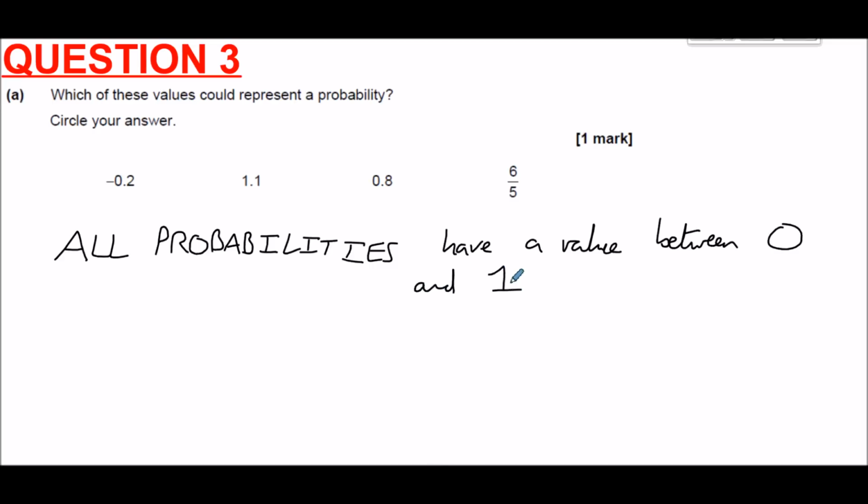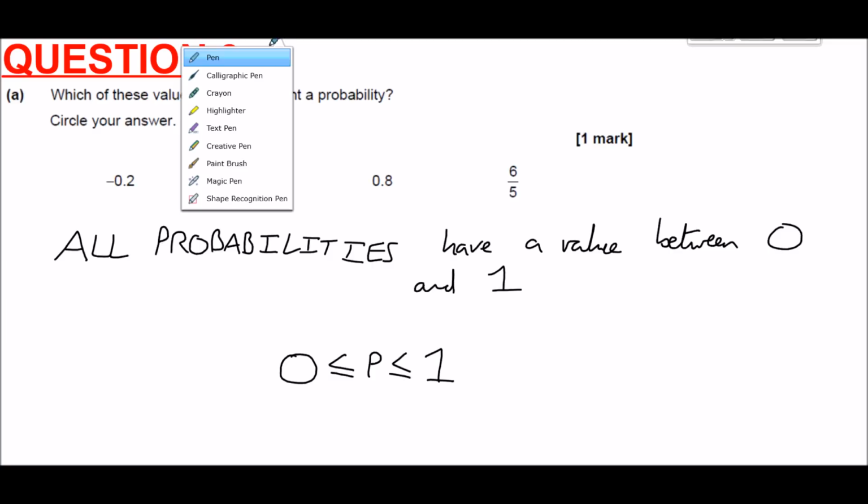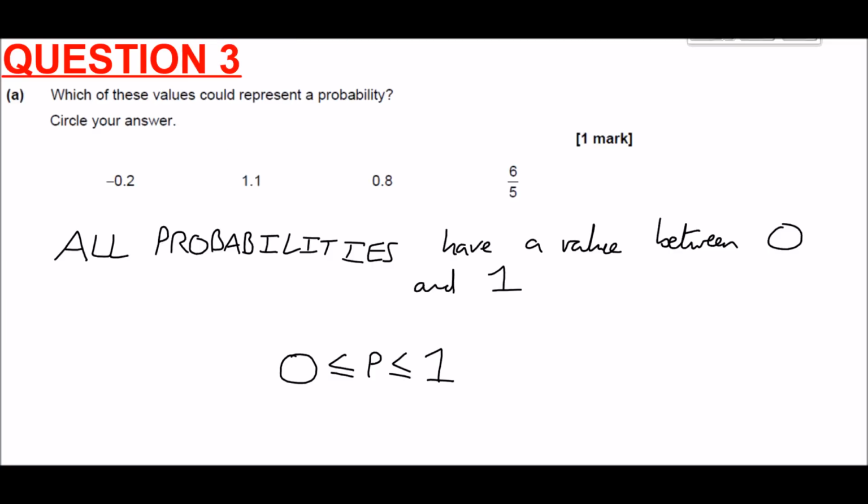So the probability scale only goes from 0 to 1. The probability can be anywhere from 0 to 1. Now on the probability scale, a probability of 0 would just mean something is impossible. If it's a 0 chance of happening, it's impossible.